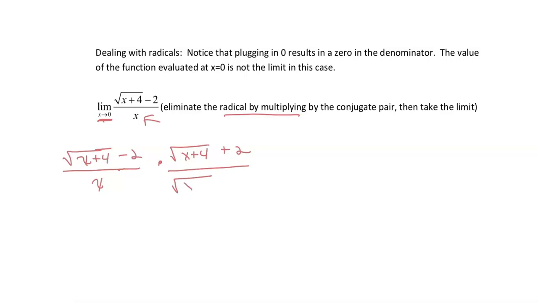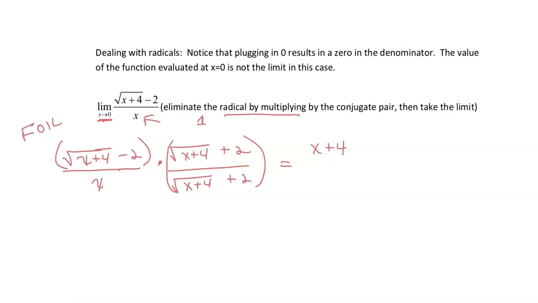Now, how can I just come along and do this? You can do this because this expression right here, that's just a fancy 1. And I can always multiply by 1 and not change anything. Okay, so I'm going to FOIL this. Okay, so when I FOIL, I multiply the first terms, which are the two radicals. When you have the same radicals, when you multiply them, you get the term inside without the radical.